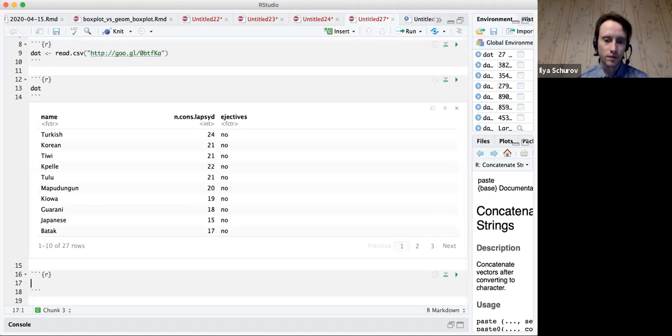Let me assume that I have some fake data frame. Let me assume that y is some variable that takes values good or bad. And I have something like this.